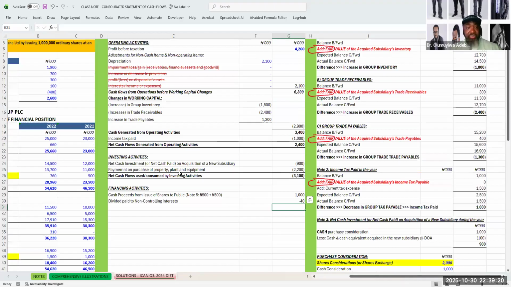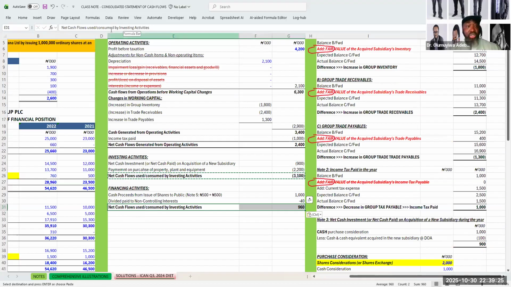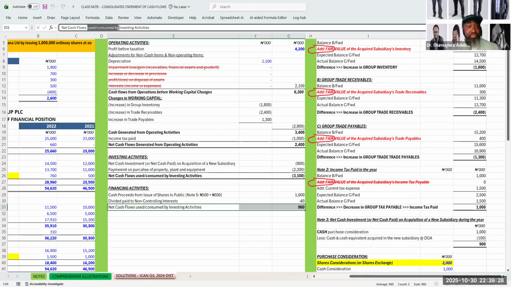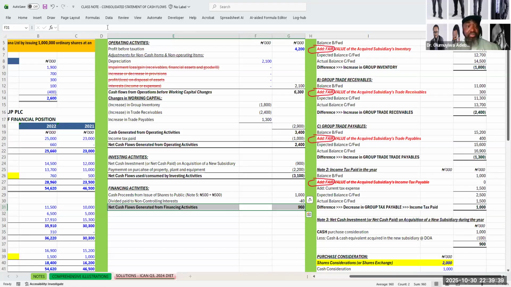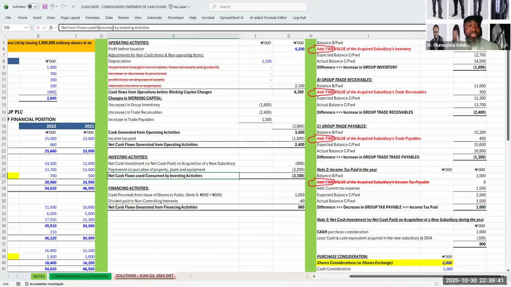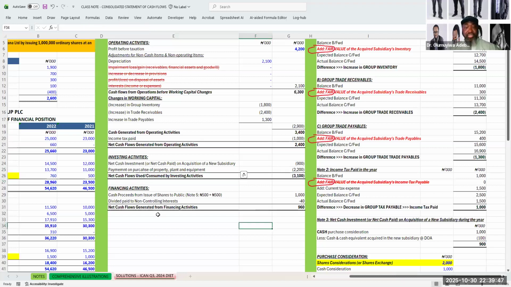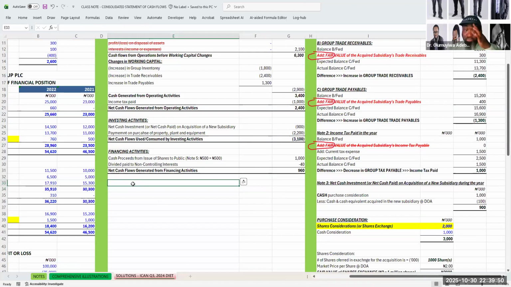Therefore, all things being equal, what is my net cash flow used or generated from financing activity? It is what you can see on your screen, which is 960. All things being equal, what is our increase or decrease in cash in that year?